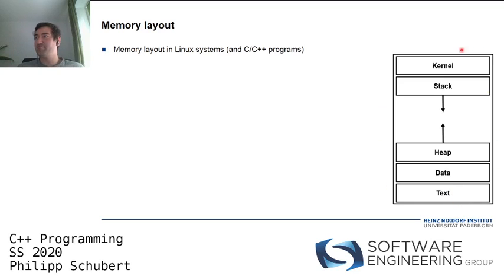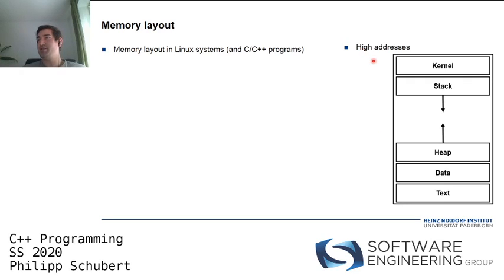So a program resides in your computer's main memory and of course is executed, and the outer box basically is the memory of your program. And this piece of memory is again divided into so-called sections of different kinds of memory, which we now discuss here in more detail.